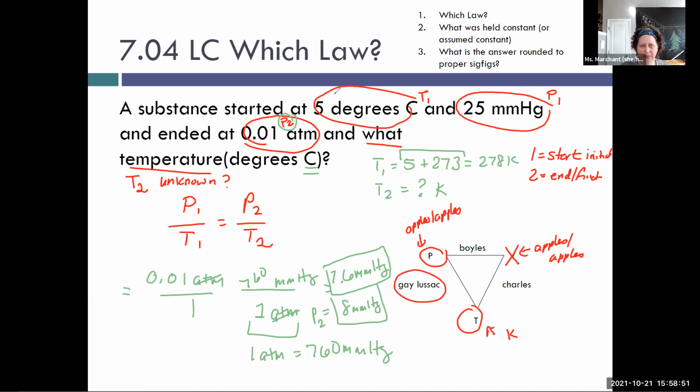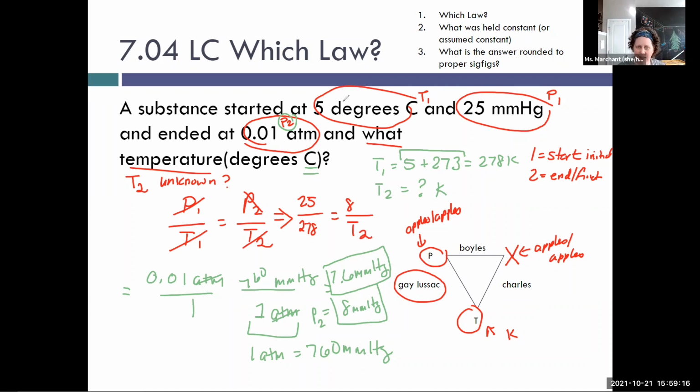25 is my pressure 1. So side quest over. Pressure 1 is 25. Temperature 1 is 278. Pressure 2 is 8. Temperature 2 is what we're solving for.